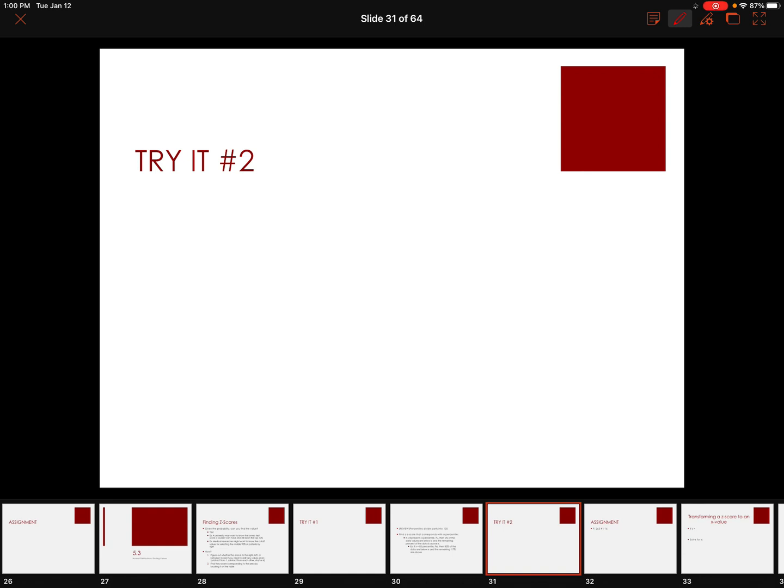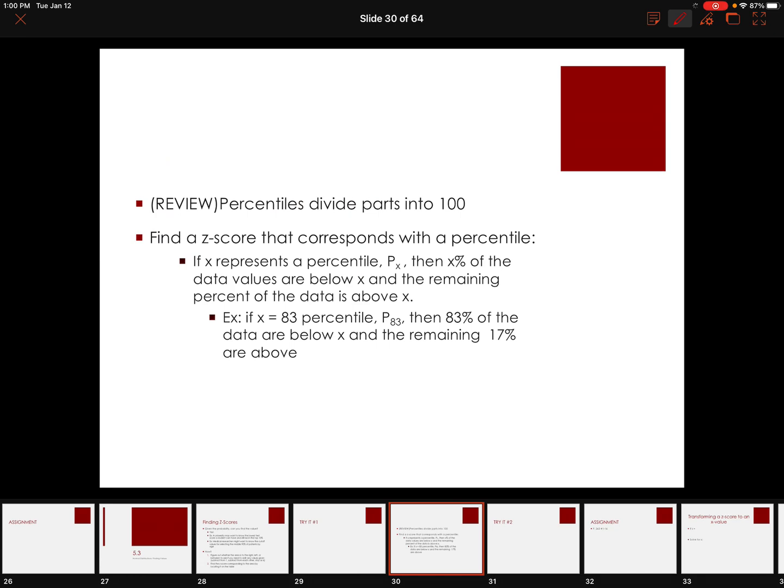So example 2 says find the z-score that goes with each percentile. The 5th percentile, the 50th percentile, and the 90th percentile. Well, based off of what we had on the last slide, a percentile will always be to the left because we're talking about what's below the data.